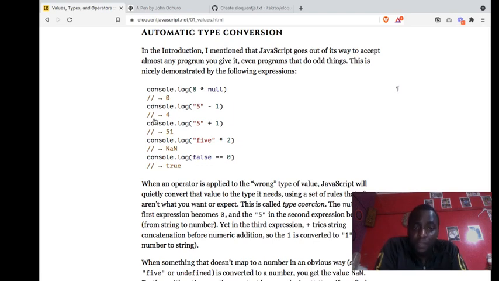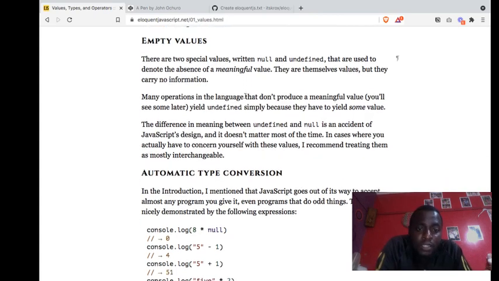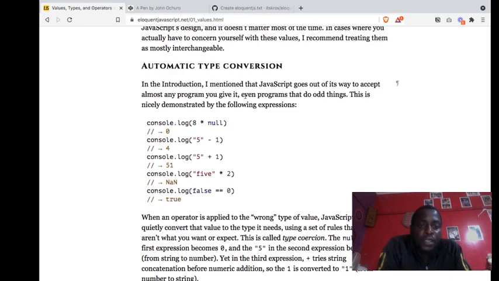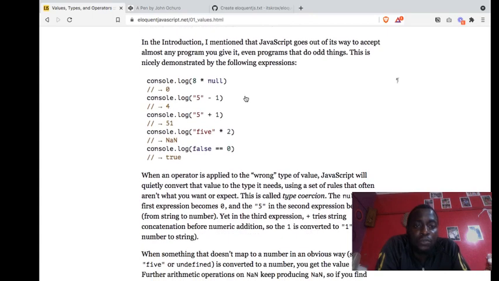console.log("5" - 1), where 5 is a string. So I think on the first one, 8 multiplied by null is supposed to provide null, I guess. If this is what we read here, it means nothing, but I think JavaScript decides for you. Maybe you meant 0. And then when you say console.log("5" - 1), it might decide maybe you forgot this is a string, so I'm just going to subtract it.